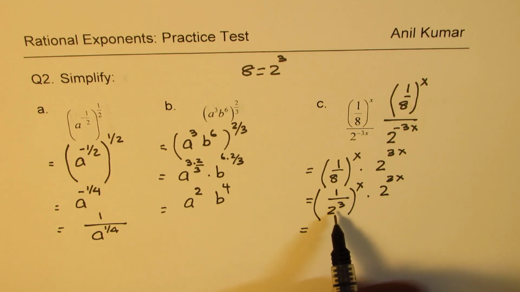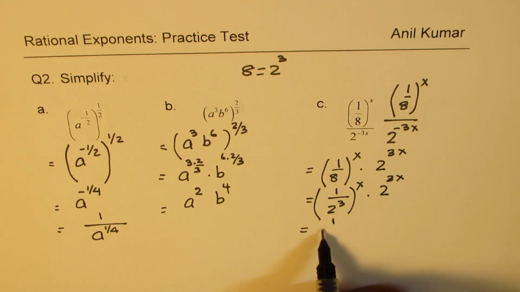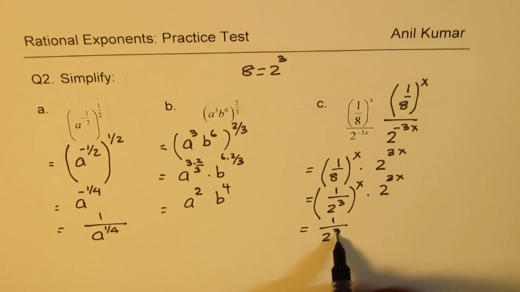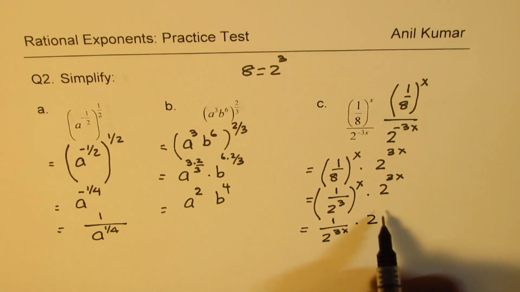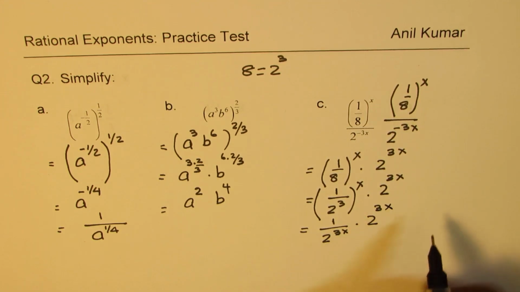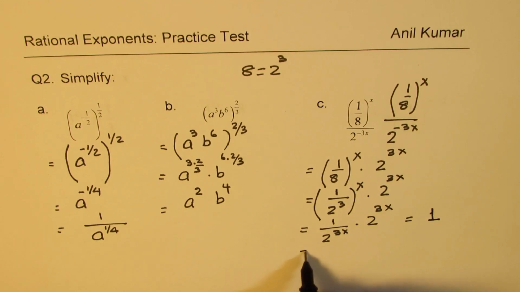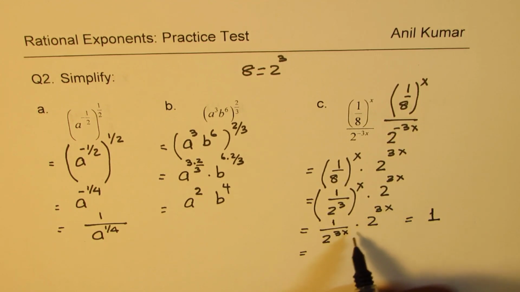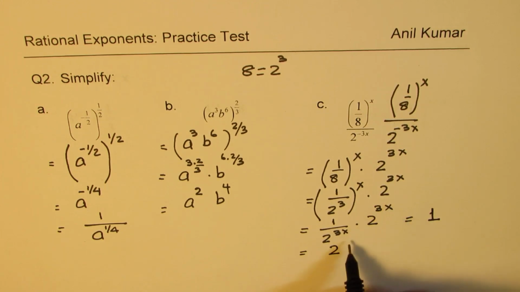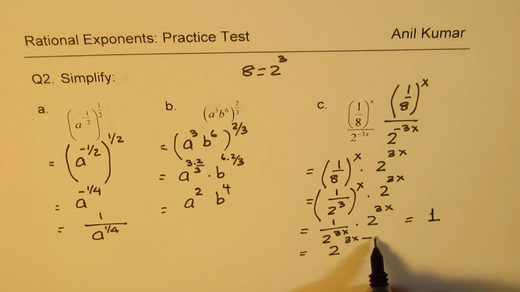We could write this as 1 over 2 to the power of 3x times 2 to the power of 3x. Now these are same terms, so when you multiply, you get this as 1. Some of you can actually add them up. That means 2 to the power of this 3x minus this, because this is in the denominator, right?